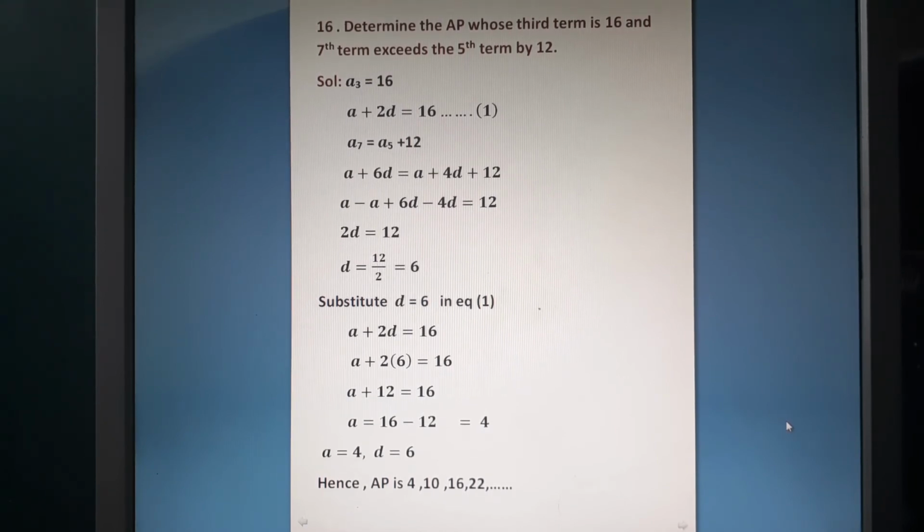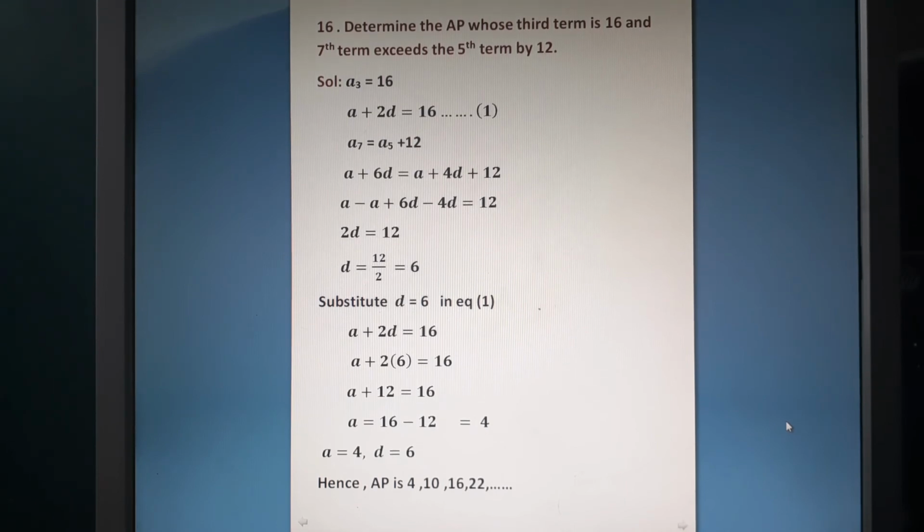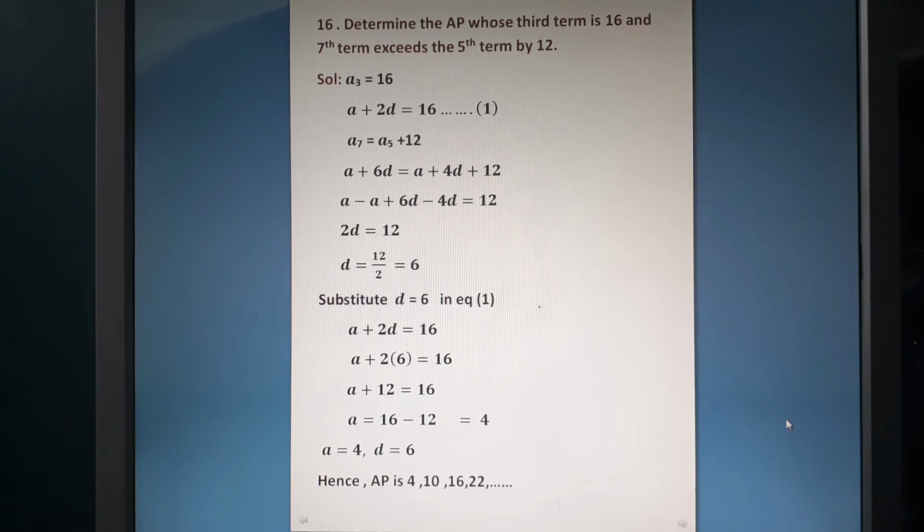A7, that is the seventh term, exceeds the fifth term by 12. So, A7 is equal to A5 plus 12. A plus 6D is equal to A plus 4D plus 12.